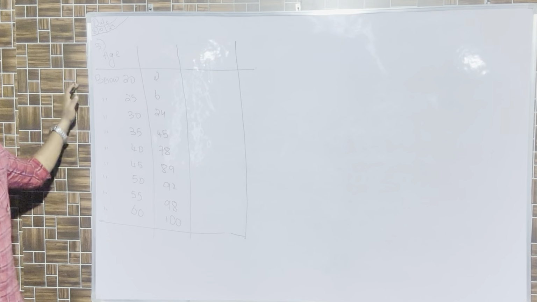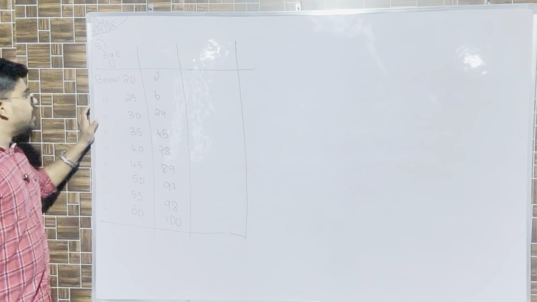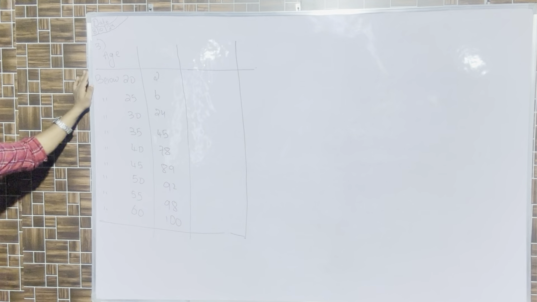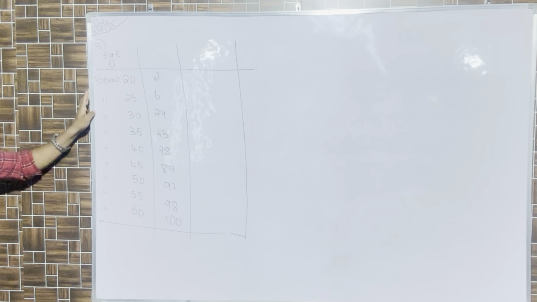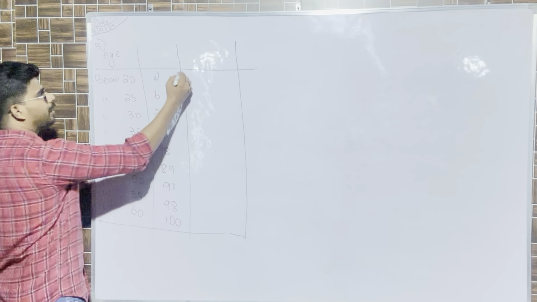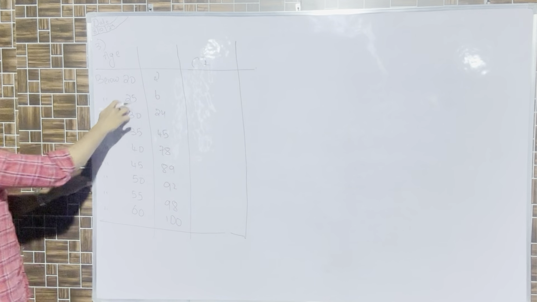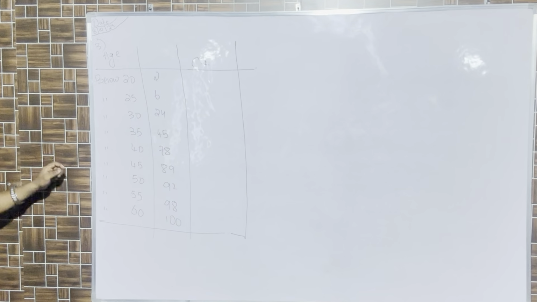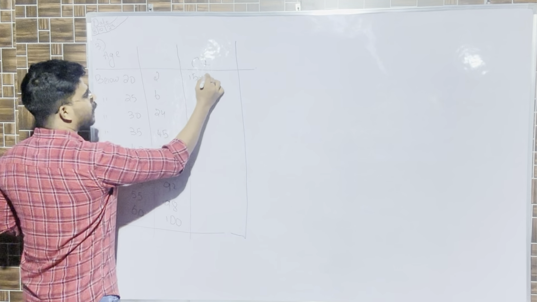First of all, here in case of class interval, it is given as below 20, below 25, like that. So we have to convert that into a proper form. Class interval below 20, we cannot take it like that, 20, 25 it is there. So we can write that as 15 to 20.